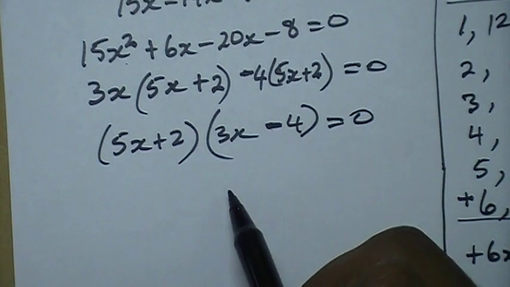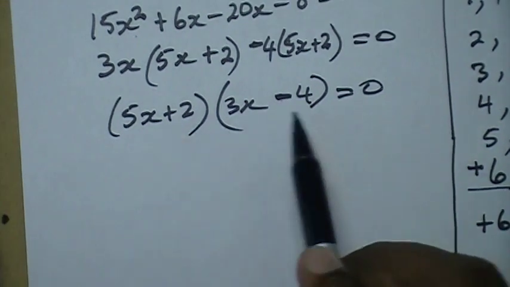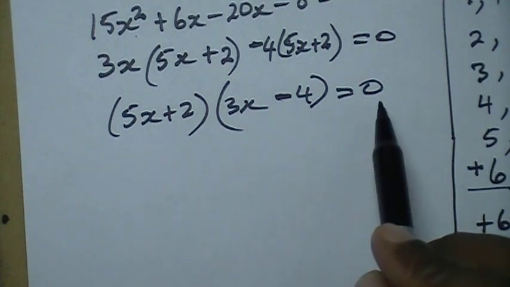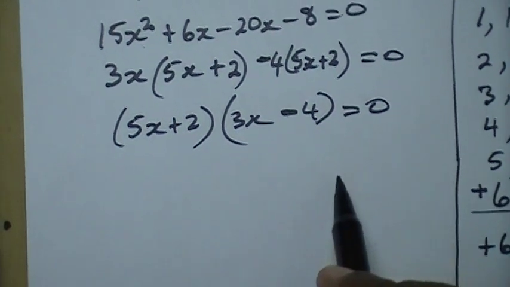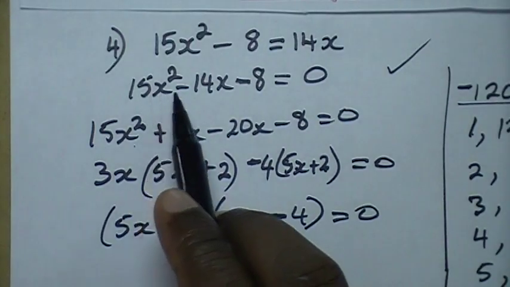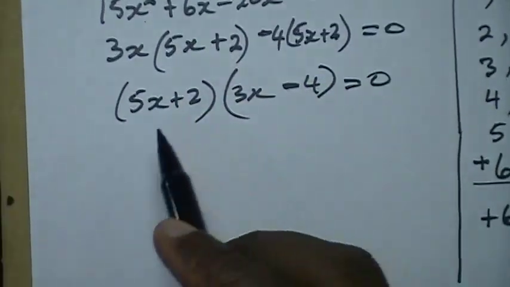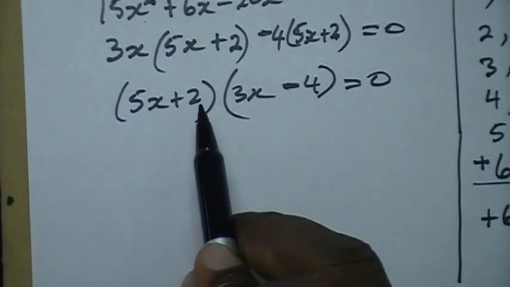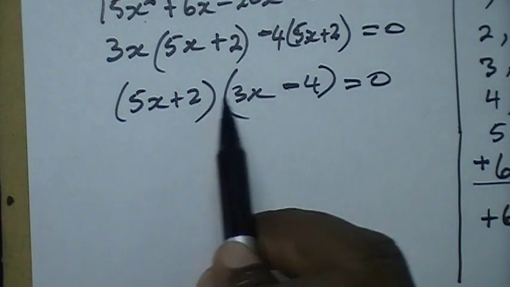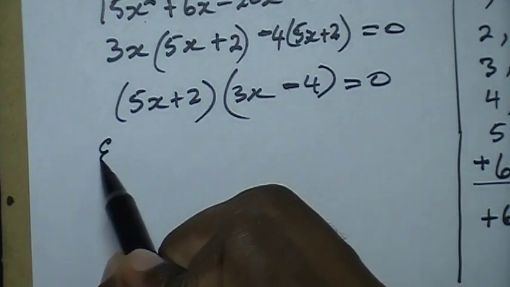And so those are the two binomial factors to this equation. Right, we need to solve for x. So either this is equal to 0, or this is equal to 0, or both equal 0.